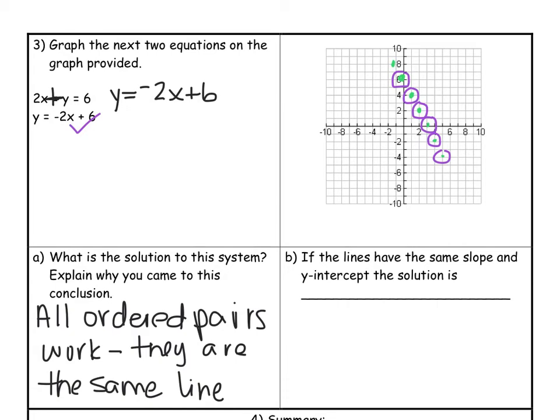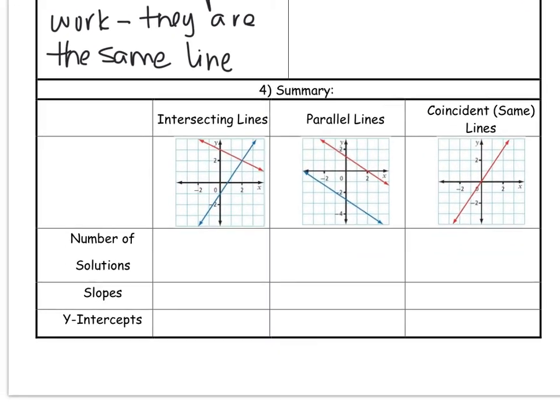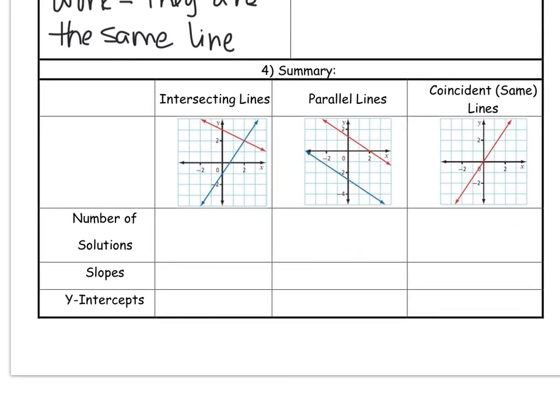This type of system of linear equations, where they're both the same line, is what we call infinite solutions, or infinitely many solutions.